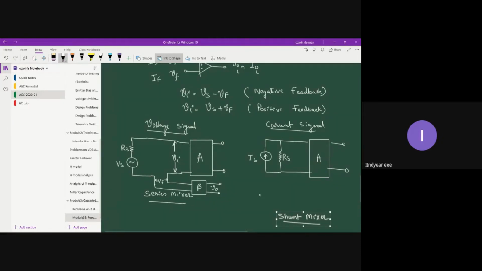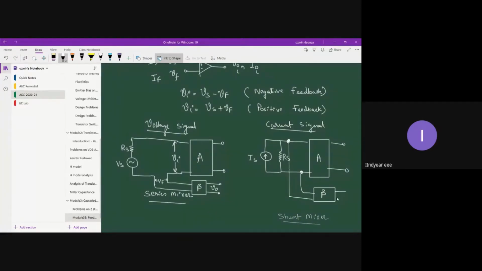Now, this is about the source signal. How are you going to connect the feedback? Feedback is connected something like this. This is your feedback block with the gain beta. Your current mixing basically follows a parallel connection.